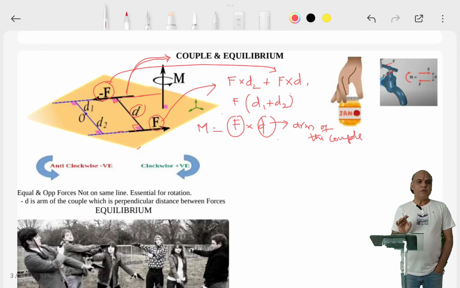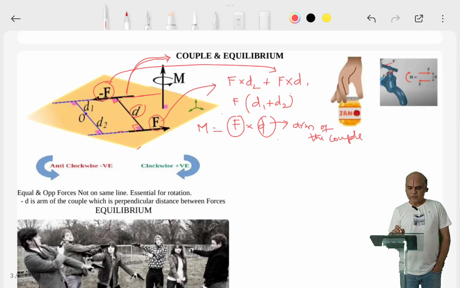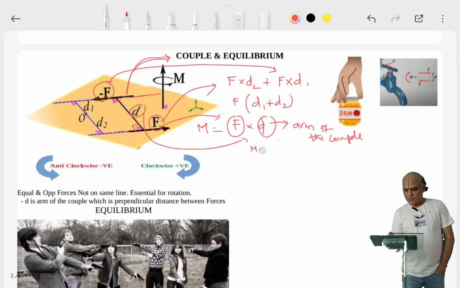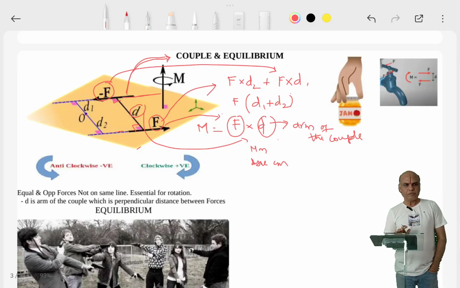So the moment of a couple is measured as one of the forces into the perpendicular distance between the lines of action of the pair of forces, that is, the arm of the couple, and its units are Newton meters or Dyne centimeters. Clear?